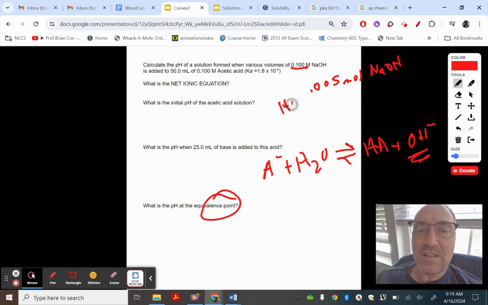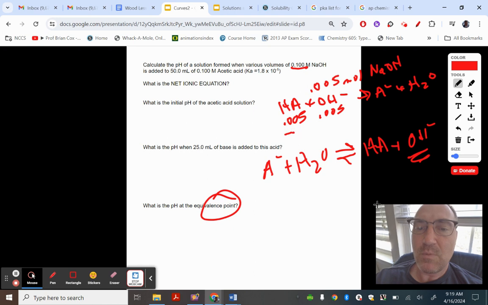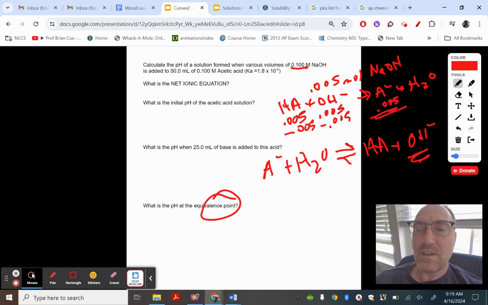So we have HA, acetic acid, plus OH minus yields A minus plus H2O. Okay. So these are equal. And if I add 0.005 moles of this, these are both going to react. So it's going to be 0.005 and minus 0.005. And I'm going to make 0.005 of my salt.